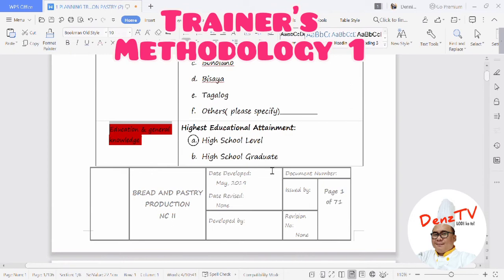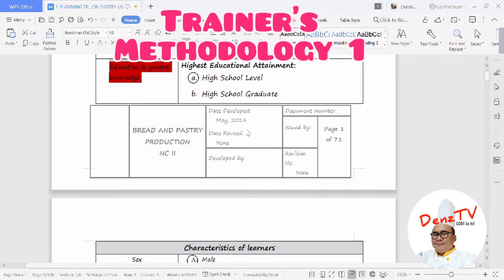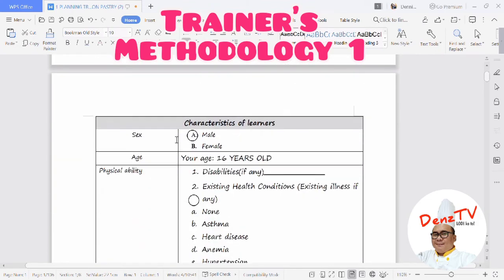So it's really about pitching the delivery of the session. Be sure to include junior high school, senior high school, college level, college undergraduate, college graduate, and so on.